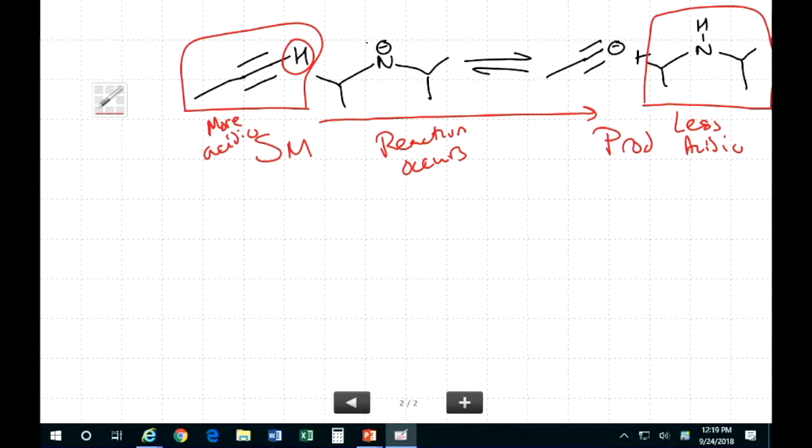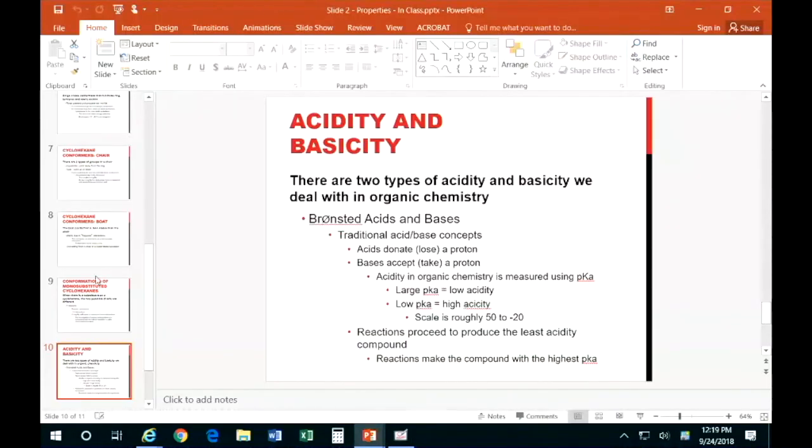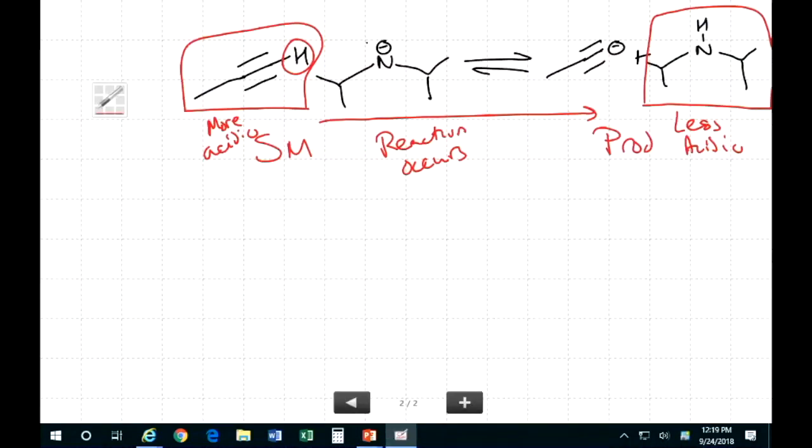There's another type of acidity that is a little bit less normal, I guess is the term, less intuitive, and that is Lewis acids and bases. And Lewis acids and bases, the Lewis theory doesn't look at the movement of protons, it looks at the movement of electrons, because we can have things that can act as acids and aren't necessarily protons, right? So we look at Lewis acids and bases, right?